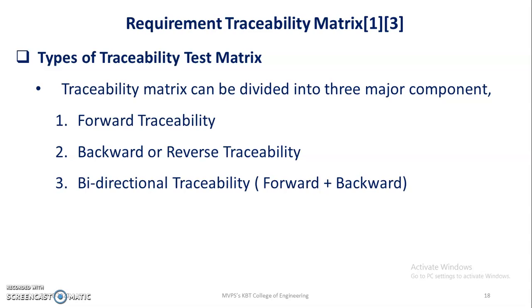Backward or reverse traceability is used to ensure that the current product remains on the right track. The purpose behind this type of traceability is to verify that we are not expanding the scope of the project by adding code, design elements, tests or other work that is not specified in the requirements.